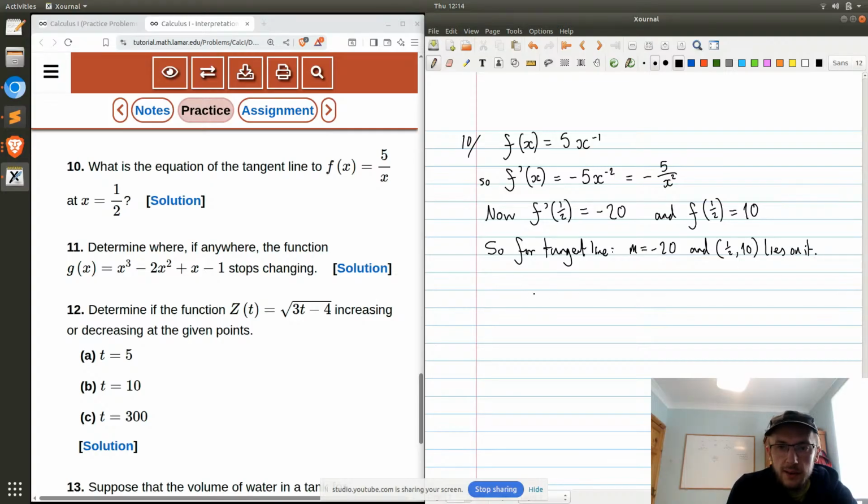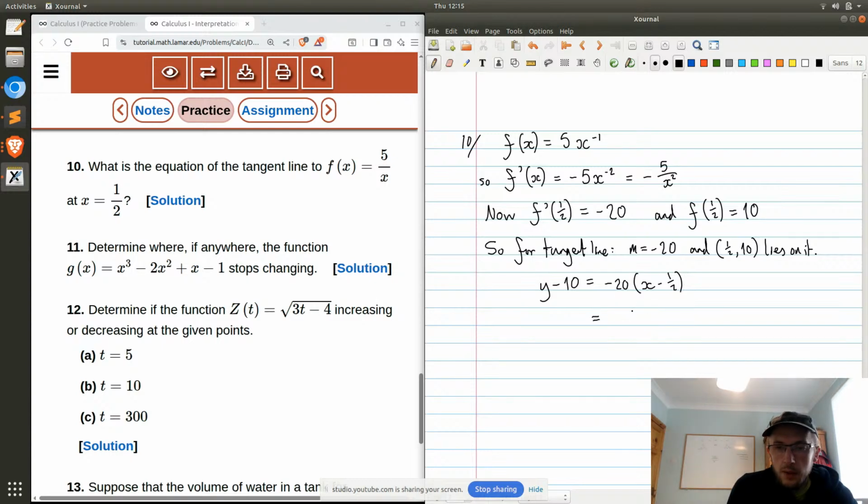Those are our two facts. So we're just going to use y minus y1 equals m times x minus x1. So y minus 10 equals negative 20 times x minus a half.